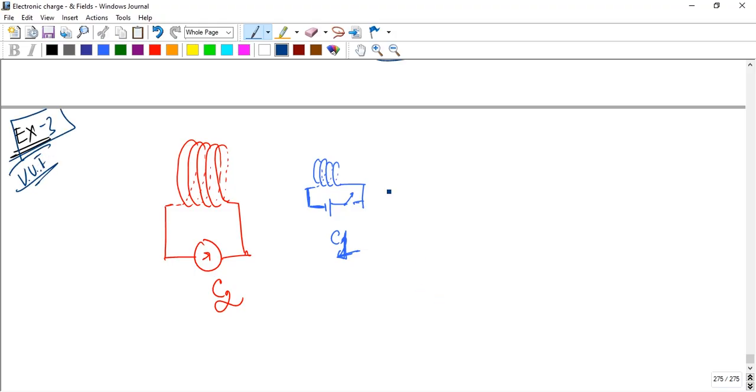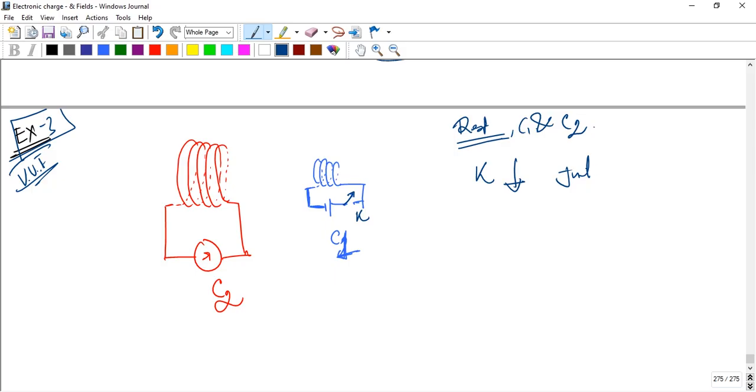Keep in mind that when they are stationary, both coils C1 and C2 are at rest.